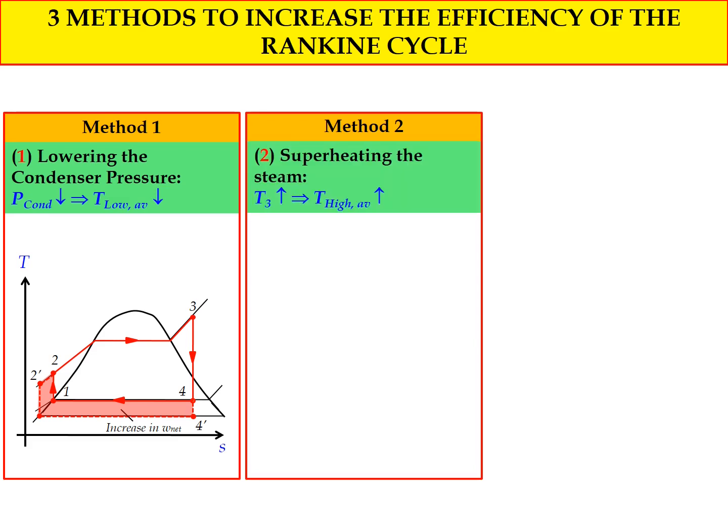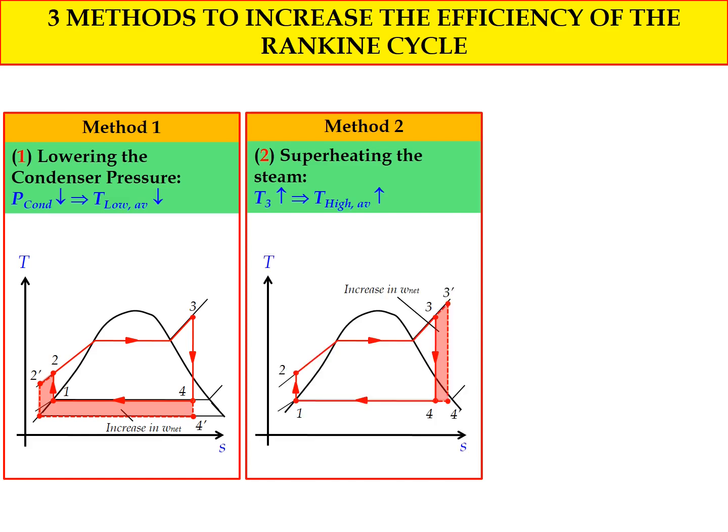The second method, we can use superheating the steam, where we increase the value of T3, the outlet temperature of the boiler, or the inlet condition of the turbine, which is state number 3. By using this method, we can increase the average high temperature during the heat addition process at the boiler. So by implementing the second method, we will increase the value of W net.